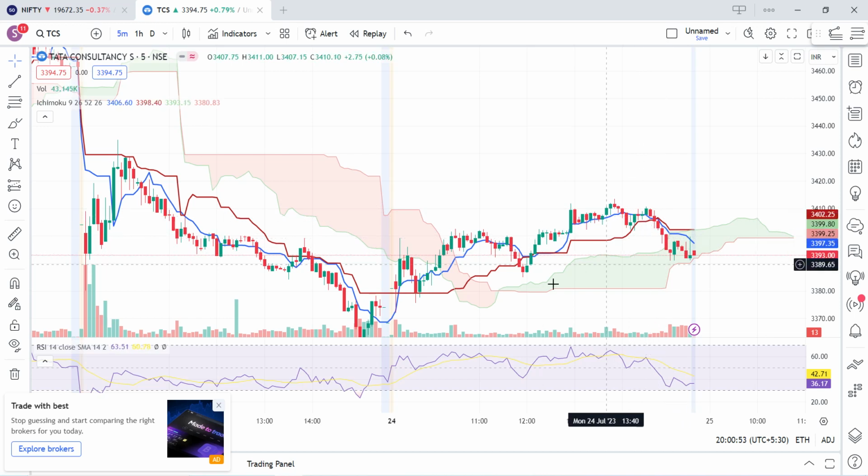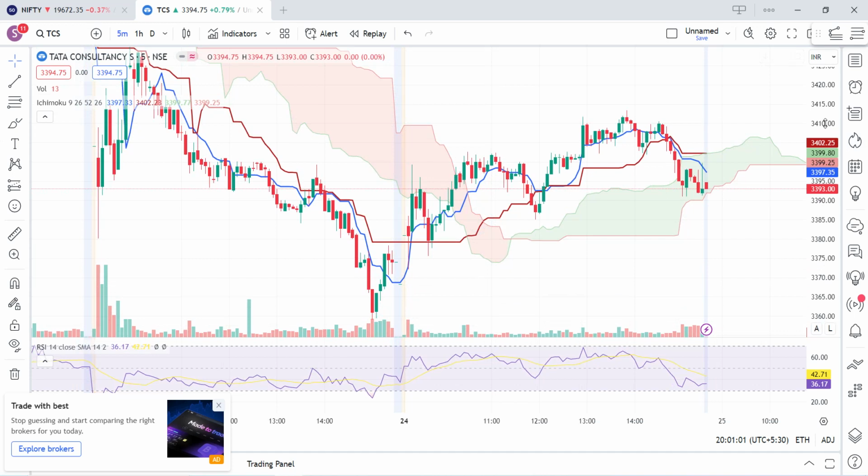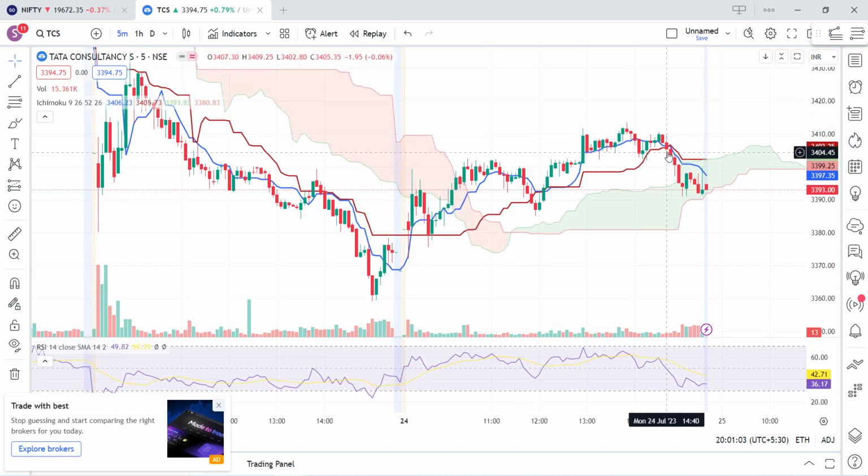So two stop losses would have been hit if I had taken TCS, but I didn't. See, loss is a part of trading, guys, but if the loss is small, we will survive in the stock market.